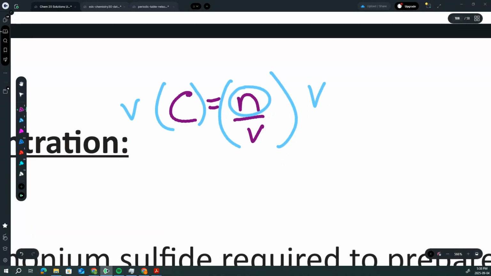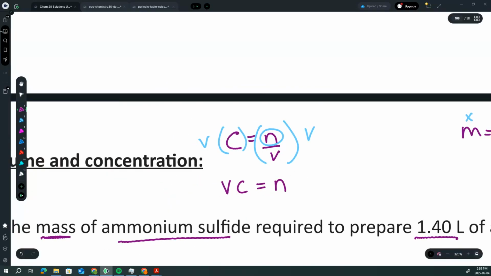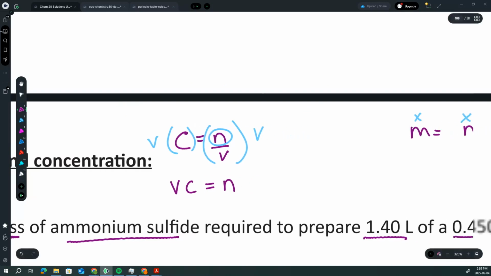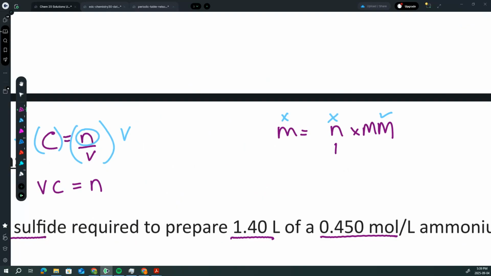And so the formula that I'm going to use to figure out my moles is going to be volume multiplied by concentration to give me moles. And once I calculate that, then I'll be able to plug it into this equation, which will allow us to figure out what mass is. So that's my game plan. I'm first going to figure out moles, and then we're going to calculate mass.